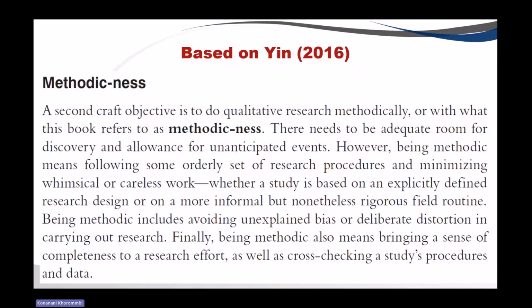There needs to be adequate room for discovery and allowance for unanticipated events. So new information should emerge and should not be thrown away. And the events that emerge are what we want, because data is not what we have. It's what should emerge and come to inform the study based on the research questions that we have.